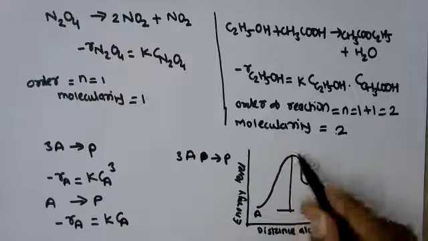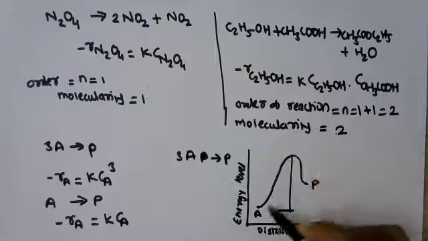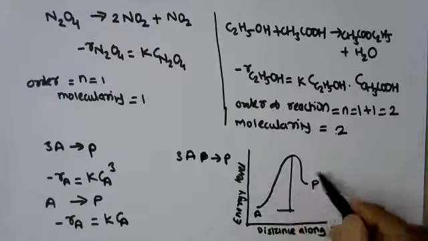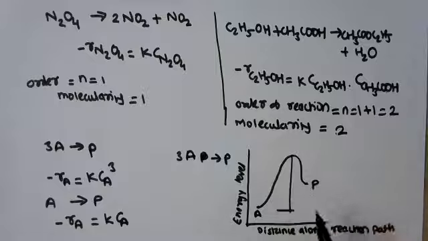So when only one energy barrier is to be overcome, whenever there is a single step, single reaction, then such a reaction is also known as elementary reaction. Another definition: the reaction in which the rate expression corresponds to stoichiometry is elementary reaction. Third definition: the reaction in which order of reaction is equal to molecularity is known as elementary reaction.